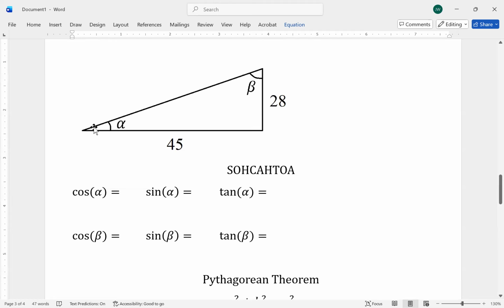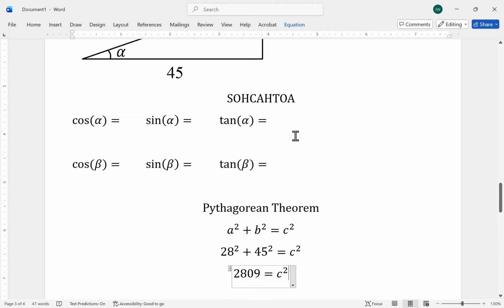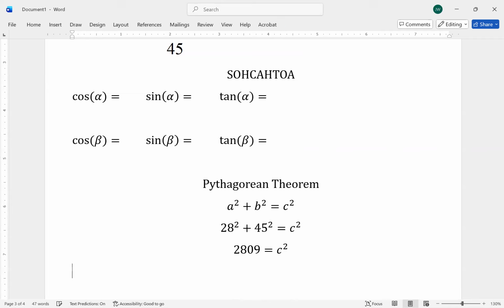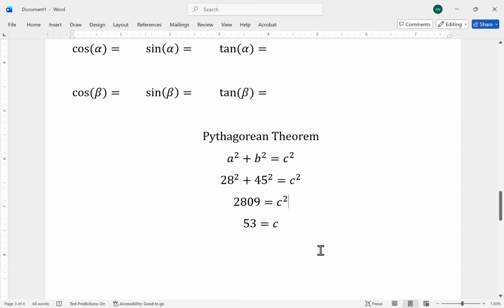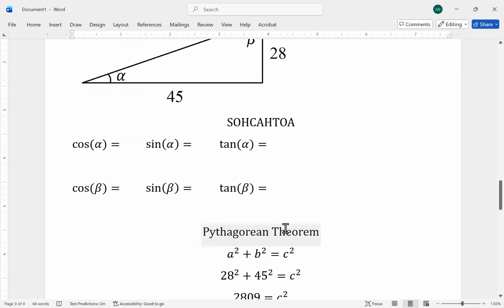A length of a hypotenuse is not going to be a negative number. So I can take the positive square root of 2,809, and lucky enough for me, it's a whole number. It is 53. That means the length of the hypotenuse is 53.